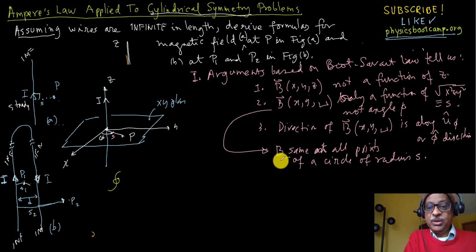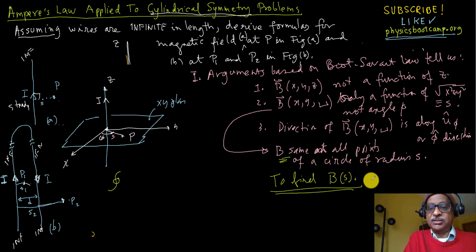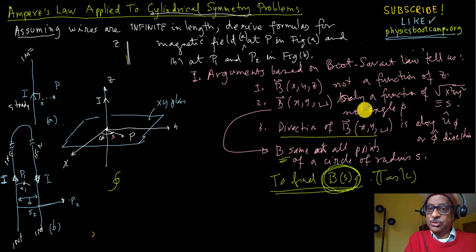We want to find what B will be, B of s. So that's the task now. We're just looking for a magnitude because I already got the direction using the Biot-Savart law. So I'm going to use Ampere's law.